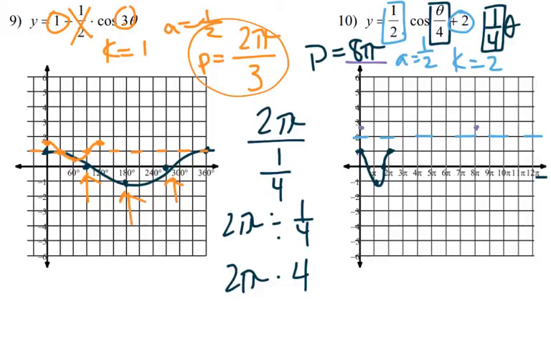So halfway between 0 and 8 pi is going to be 4 pi. So right here, I go 1/2 below, my amplitude below. Then between those two, it's going to be where it hits the midline. So 1/2 of 4 pi is 2 pi. And from 4 pi to 8 pi is going to be 6 pi. So that's where we hit our midline to get those 5 main points. And then we can draw our graph right there.